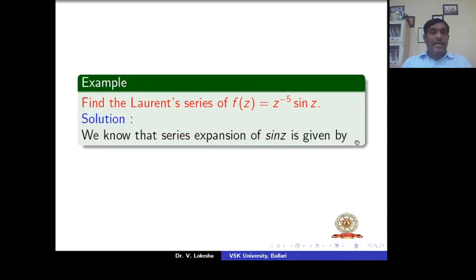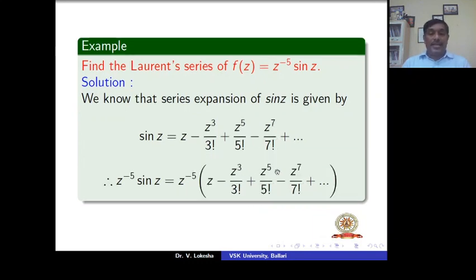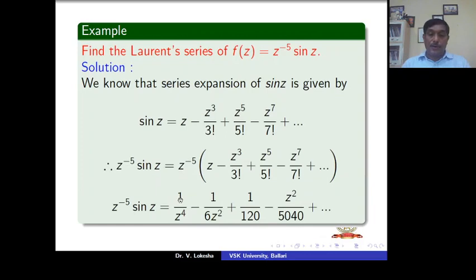We can utilize the series expansion of sin z, that is sin z is equal to z minus z cube by 3 factorial plus z to the power 5 by 5 factorial minus z power 7 by 7 factorial plus etc. And we multiply by z to the power of minus 5, then rearranging, you get 1 by z to the power of 4 and then 1 by z square.